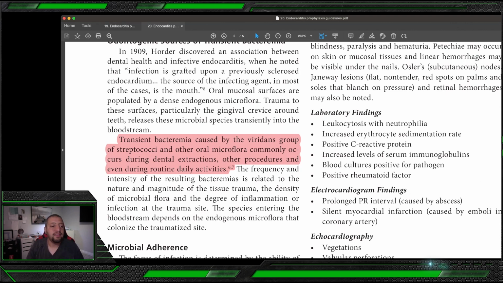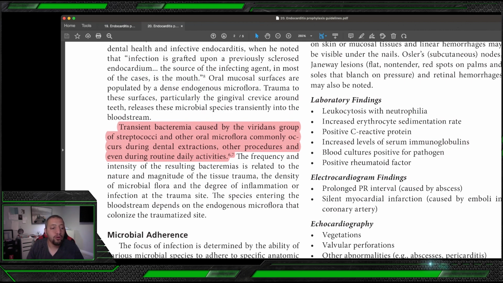Makes sense? Also the density of microbial flora and the degree of inflammation or infection at the trauma site. The species entering the bloodstream depend on the endogenous microflora that colonized the traumatized sites, which is replaced or rough because it's partially repaired or not repaired.